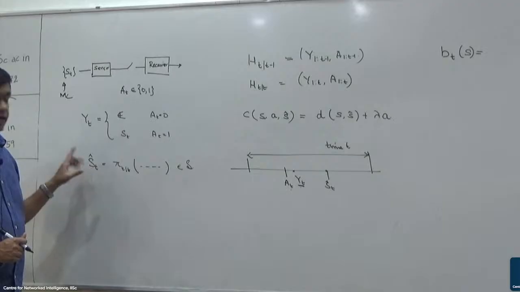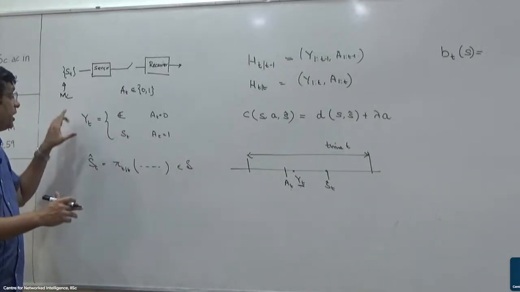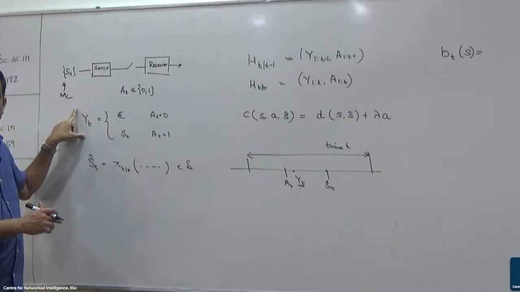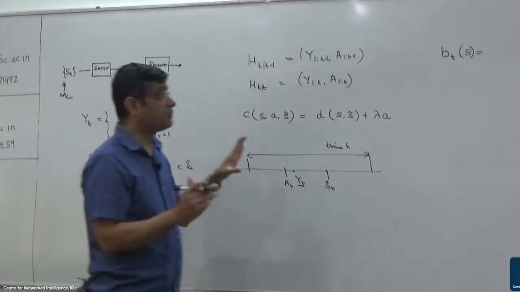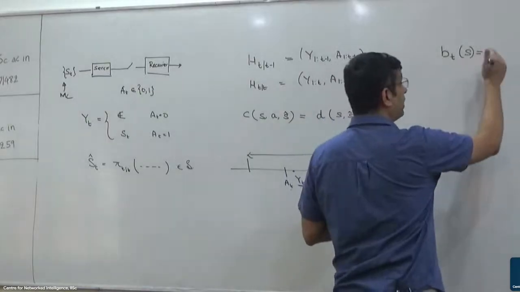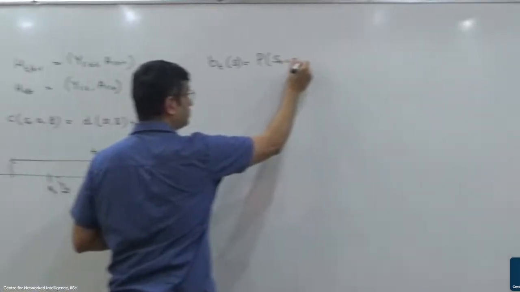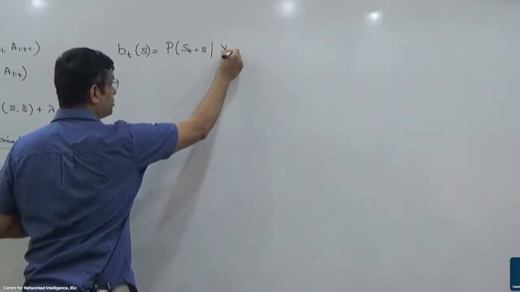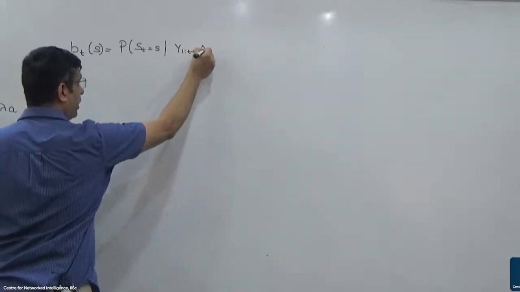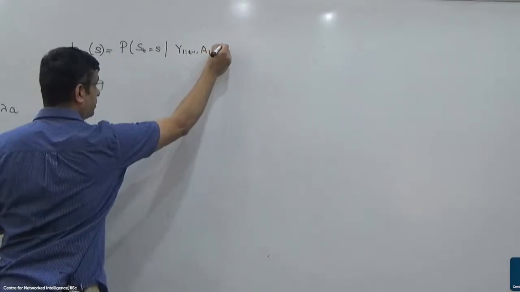So I can solve the filtering problem separately, and I'm simply worried about when to take a measurement or not. Okay. So what will happen is that I can argue that my belief state is going to be the probability that the Markov chain is in a certain state given information y up to t minus 1 and a_1 to t minus 1.